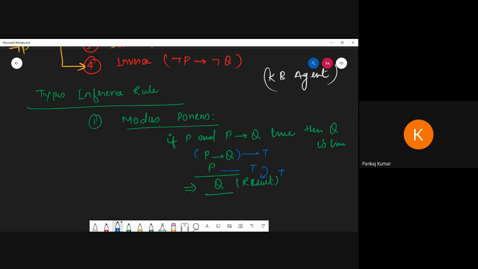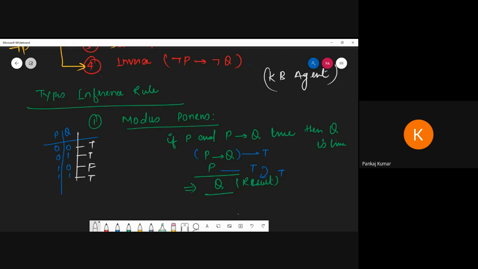So now understand, P and P implies Q true. What is the truth table? I'm going to write 0, 0, 1, 1 and 0, 1, 0, 1. This one is the P, this one is the Q. Now see, in which scenario is P implies Q true? This is true, this is false, this is false, and this is true.